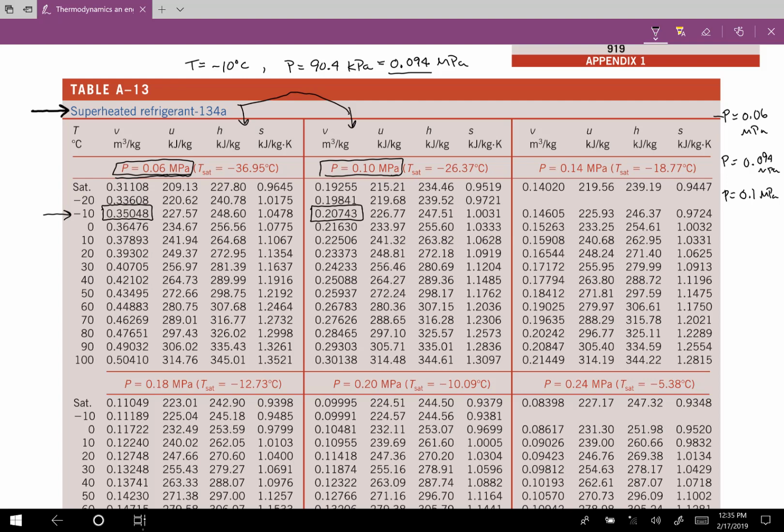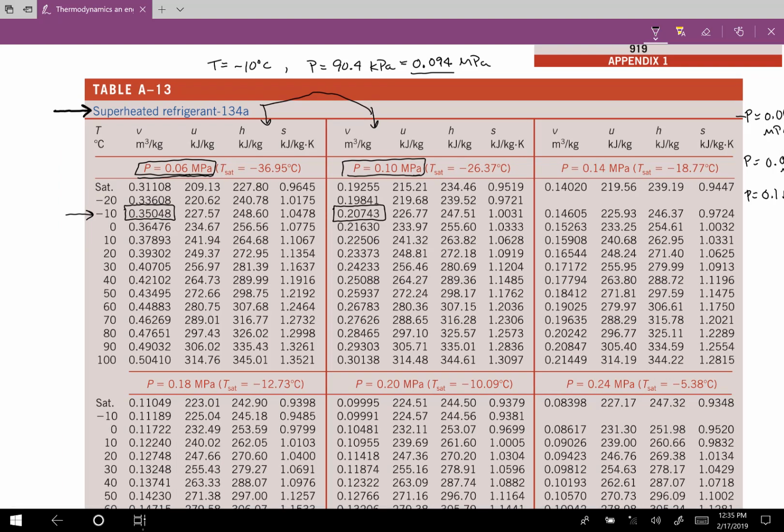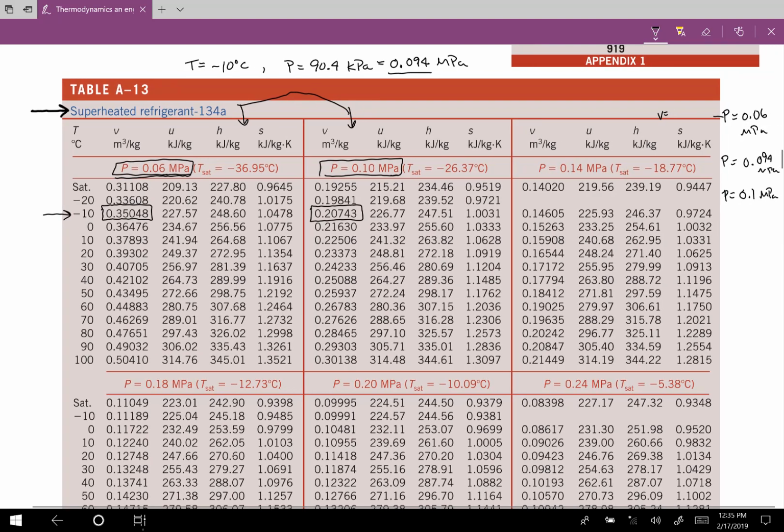The specific volume at negative 10 degrees C for P equals 0.06 megapascals is V equal to 0.35048 meters cubed per kilogram, and our specific volume at 0.1 megapascals at negative 10 degrees C is 0.20743 meters cubed per kilogram.